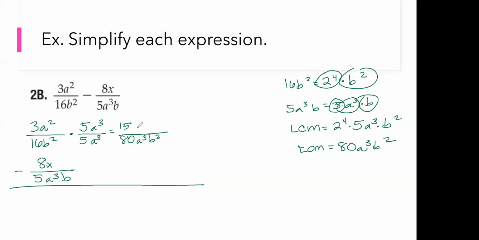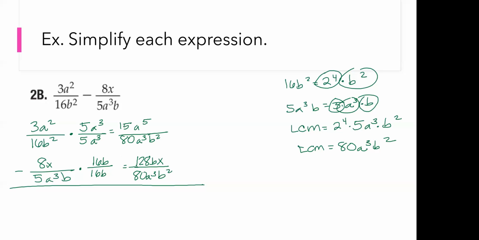A squared times a cubed is a to the 5th power. Then over here, remember I want my denominator to be 80a cubed b squared. So 5 times 16 is 80. a cubed, I've already got that, and then to go from b to b squared, I would multiply by b. So I have to multiply by 16b, and when I do that, 8 times 16 is 128, and x times b would be bx.